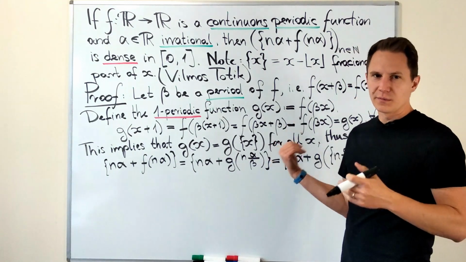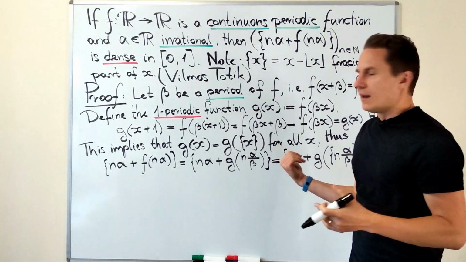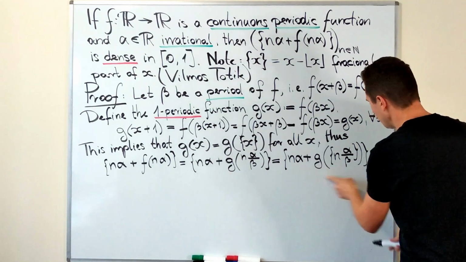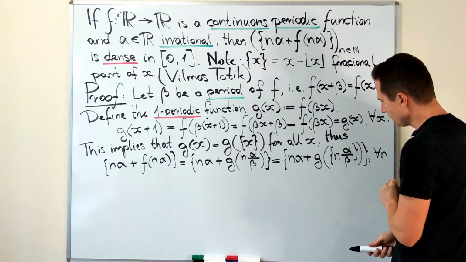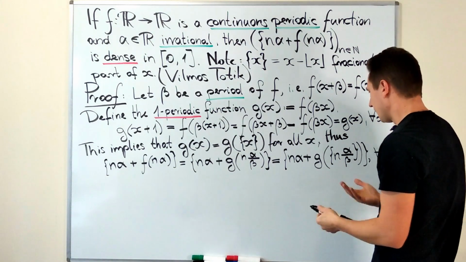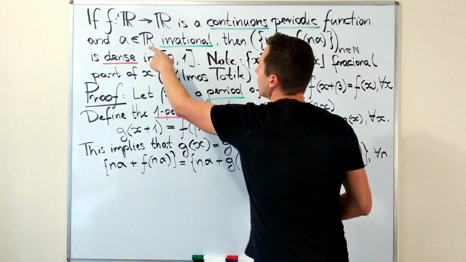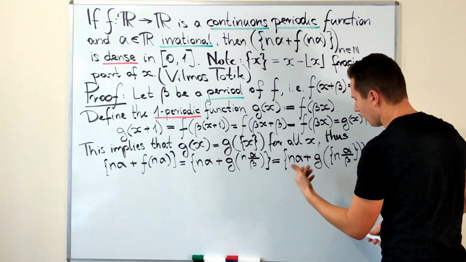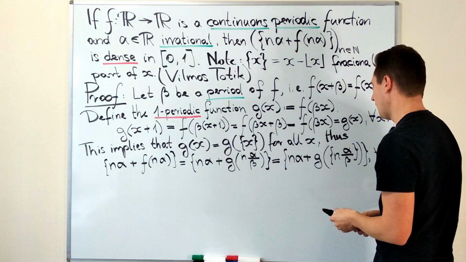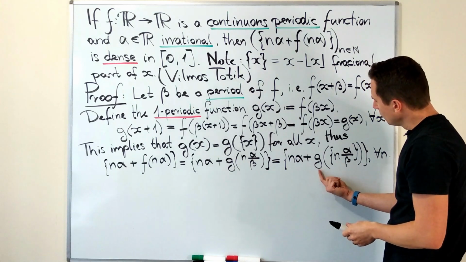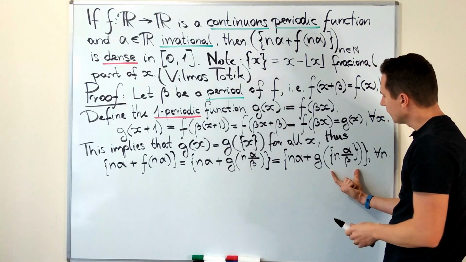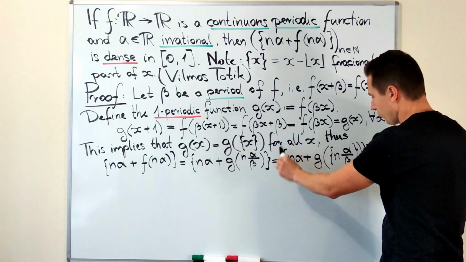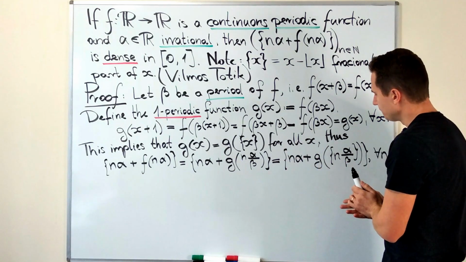So the point is that now we can look at this sequence of numbers, where again alpha was an irrational number. We are taking n times alpha, and then adding to it g of the fractional part of n times alpha over beta, and taking the fractional part of this expression.